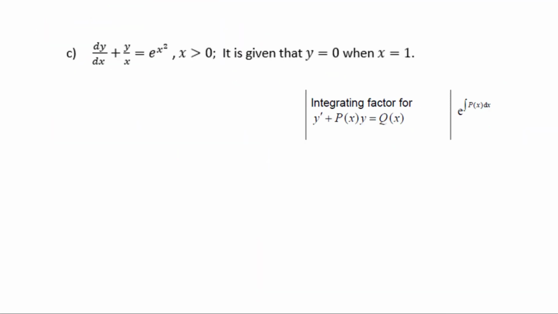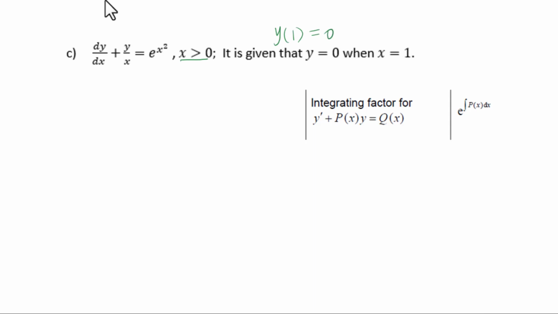Let's go to C. dy/dx plus y over x equals e to the x squared power, x greater than 0. It's given that y equals 0 when x equals 1, so y of 1 equals 0.